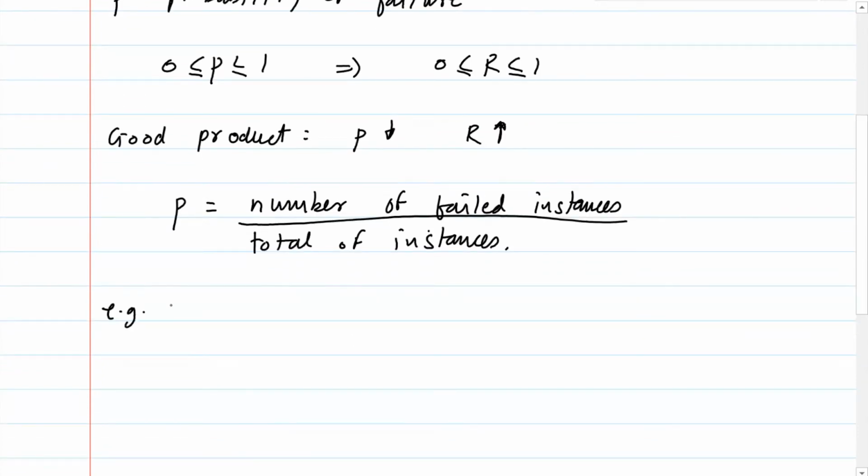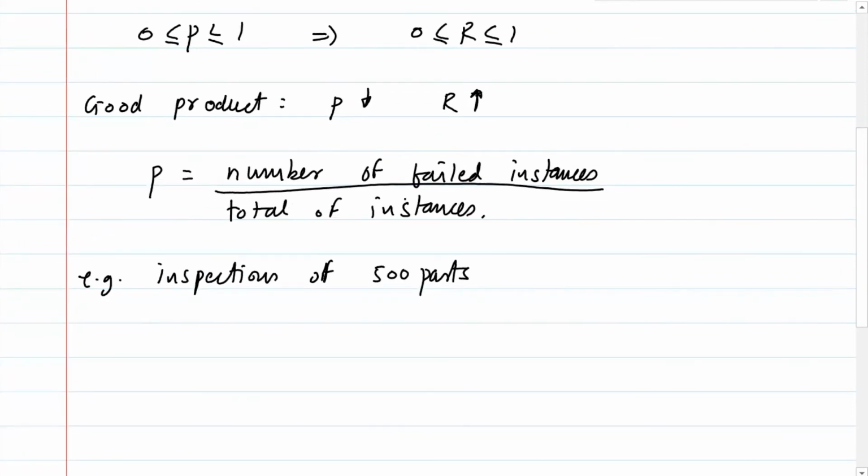So, an example: an inspection process in manufacturing or an assembly line, inspection of 500 parts showed that 8 were defective.